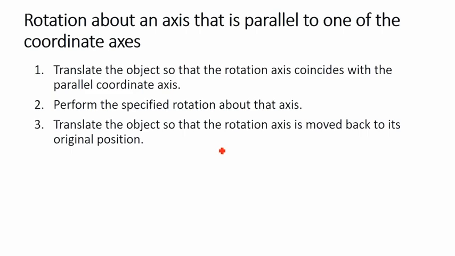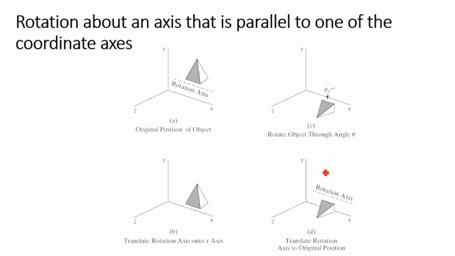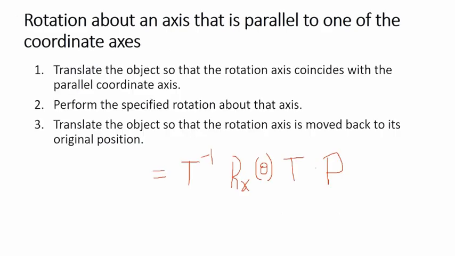Now that we can do by applying translation and then by applying Rx of theta and then the inverse of the translation on an object. Now if I perform this, what it gives is this result, right?